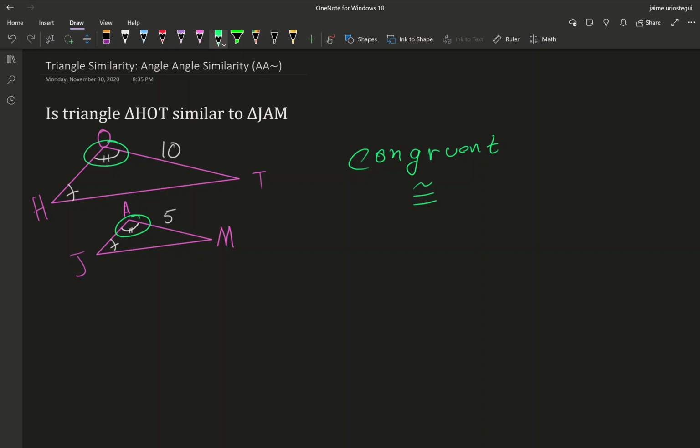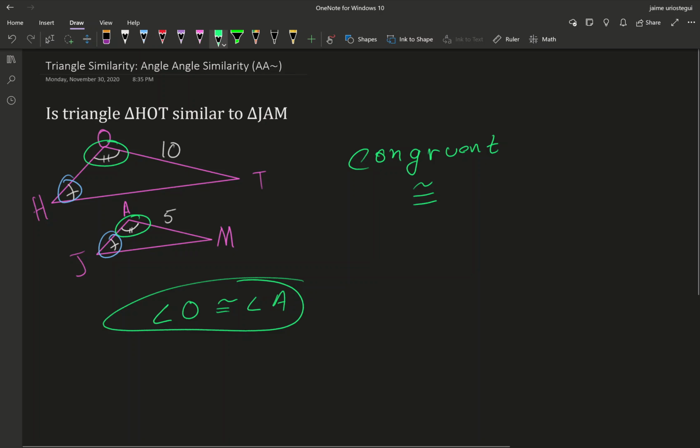So we have angle O is congruent to angle A. And over here, with these two angles, we have angle H is congruent to angle J.